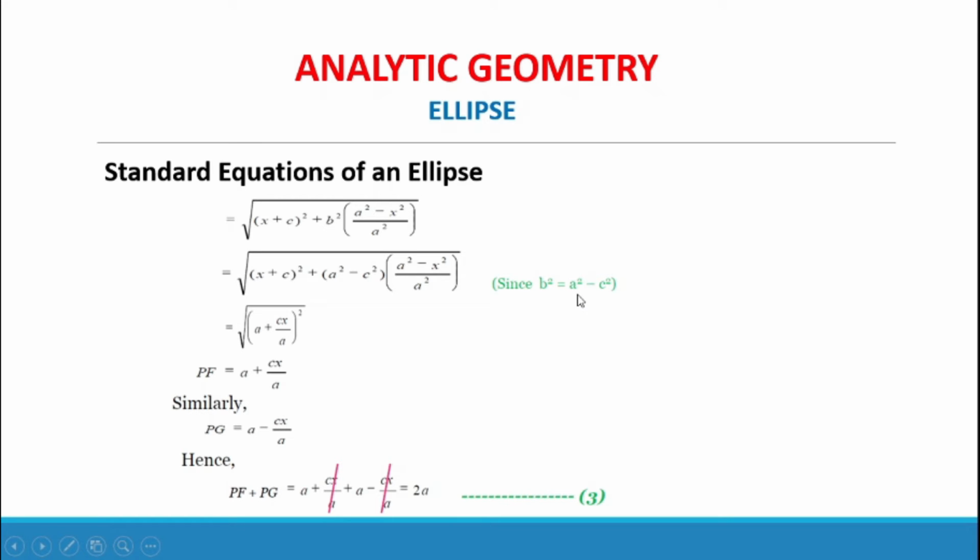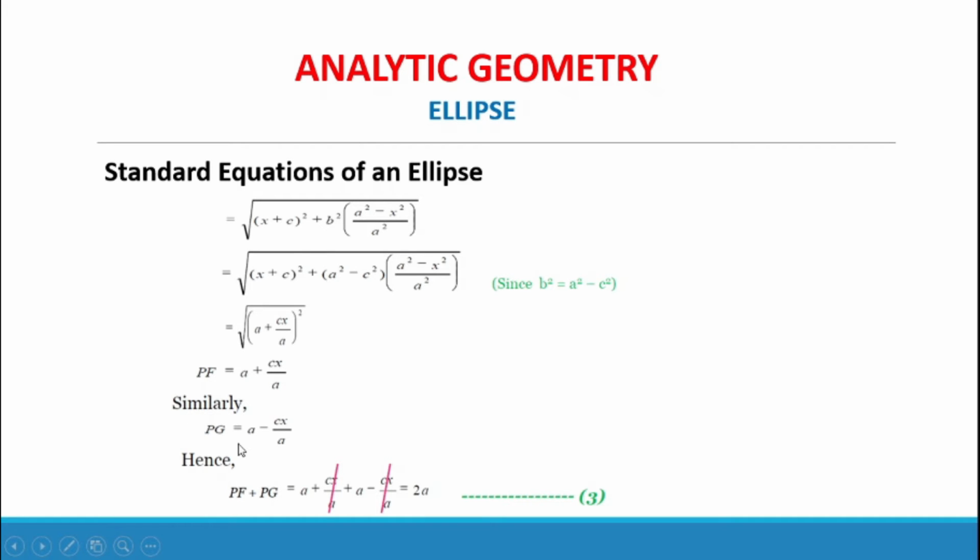Since b squared equals a squared minus c squared, multiplied by (a squared minus x squared) all over a squared, thus the square root of ((a plus cx over a) squared). And PF is equal to a plus cx over a.